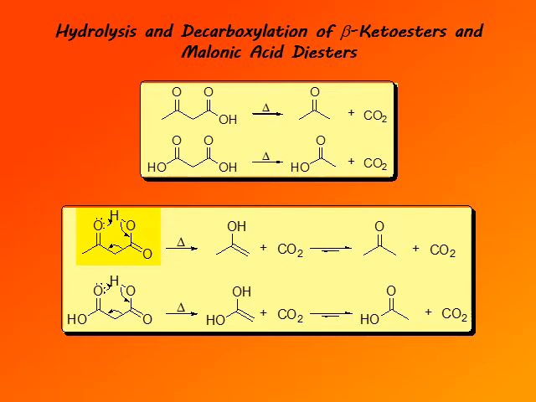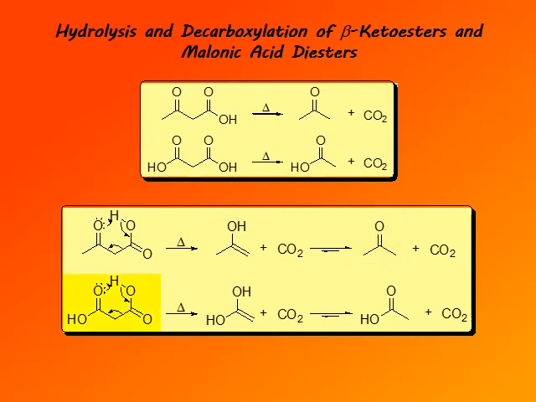Of course, as a molecule of carbon dioxide is formed, that results in breaking of the carbon-carbon bond, and that electron pair forms another carbon-carbon pi bond, and at the end an enol. So the initial products of this decarboxylation of acetoacetic ester are the enol form of acetone and carbon dioxide. The enol form, as you know, is unstable and tautomerizes to the corresponding keto form, to a molecule of acetone.